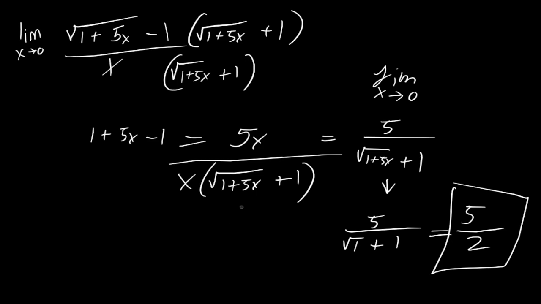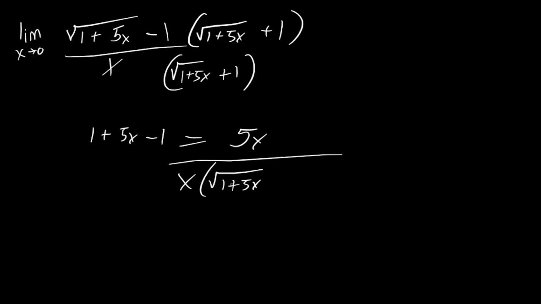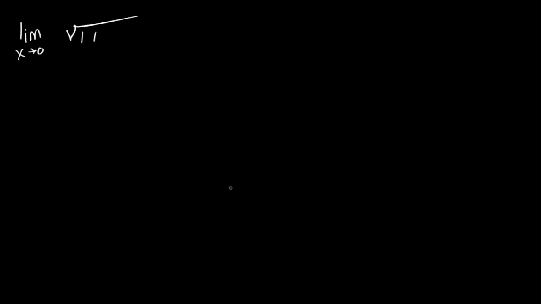Yeah. And we're going to do another one. So the limit is going to be approaching 0 again. And the equation is x squared over the square root of x squared plus 4 minus 2.